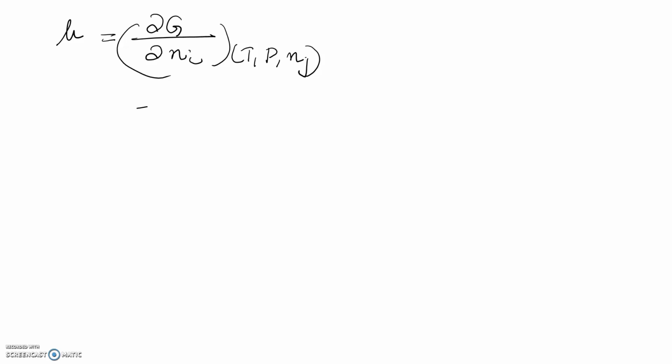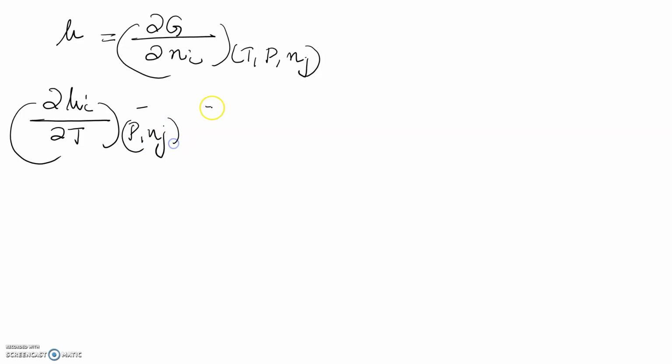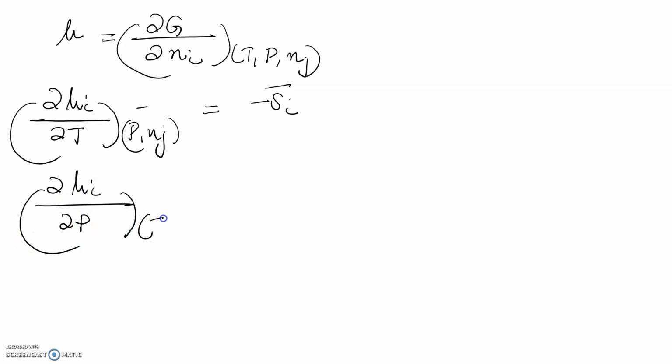And we have also seen that dou mu i by dou T at constant pressure and other components is equal to minus S bar i, and dou mu i by dou P at constant temperature and other components is equal to V bar i.